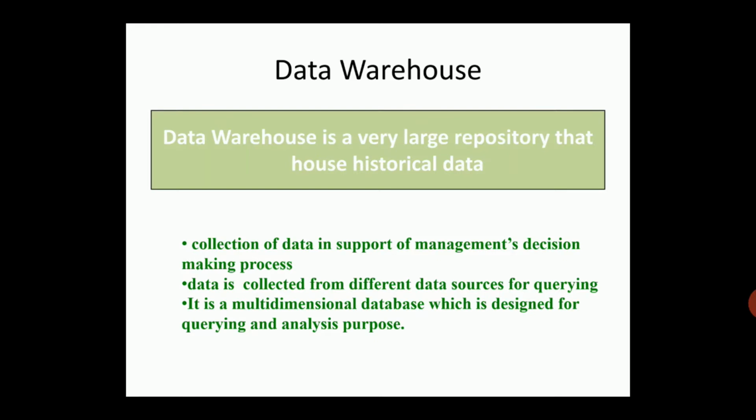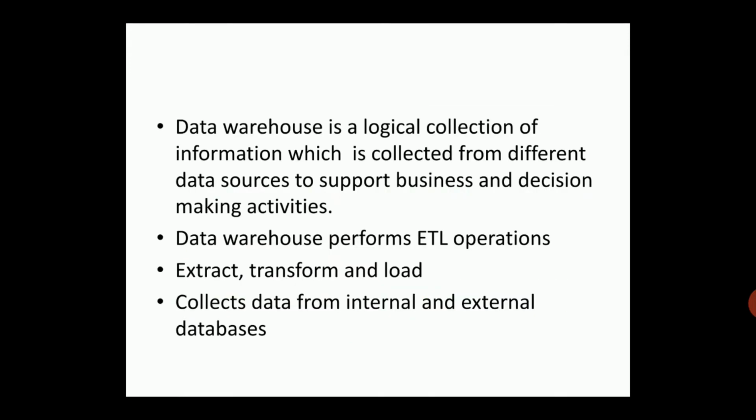It is a large collection of historic data and it is helpful for querying by the managers and enterprises for decision making. So data warehouse is a logical collection of information which is collected from different data sources to support business and decision making activities.